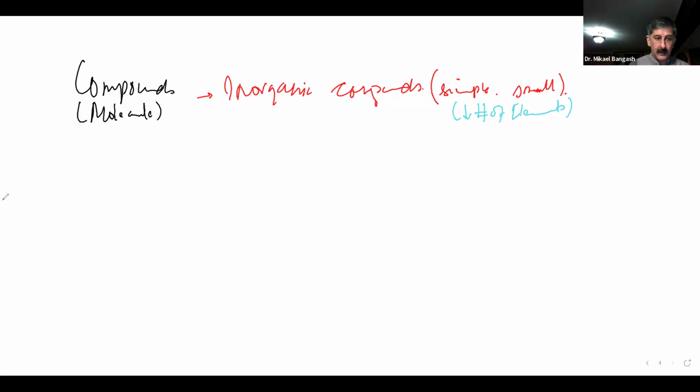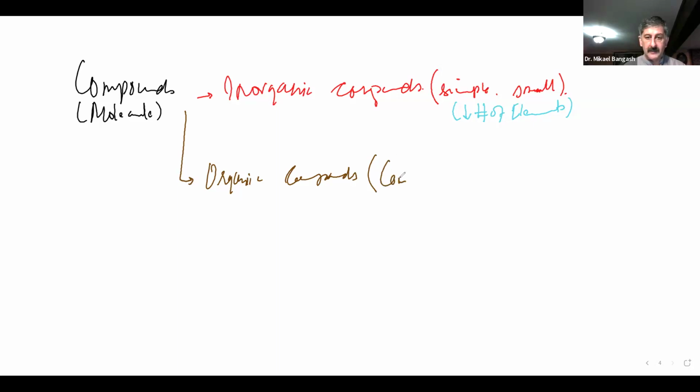Whereas on the other hand, guys, the other kind of compounds or molecules that we have are what we call organic compounds. Organic compounds are just going to be the opposite of your inorganic compounds, which are going to be complex in their chemical structure.